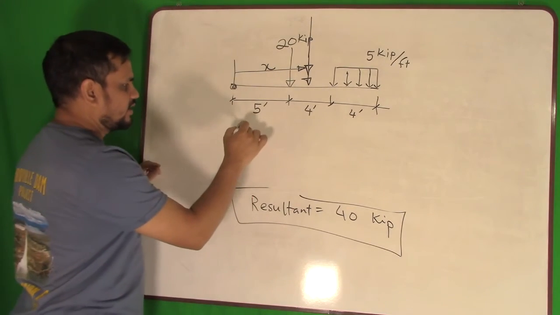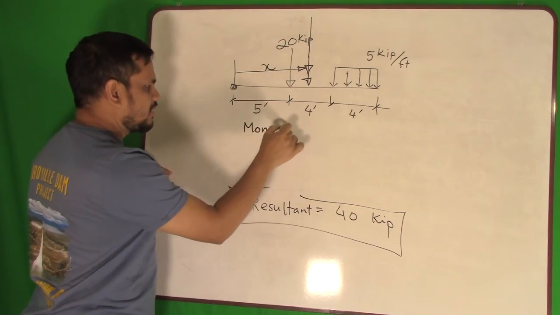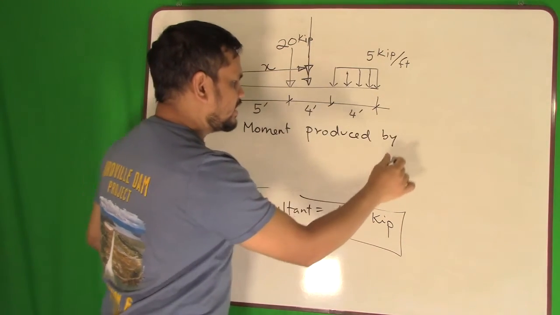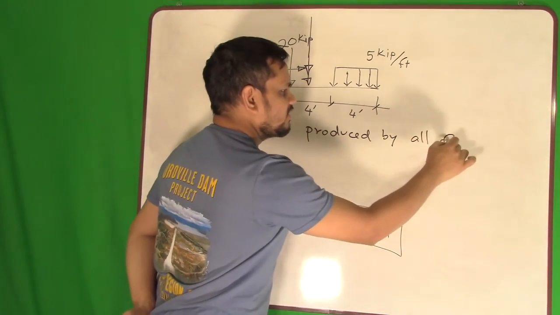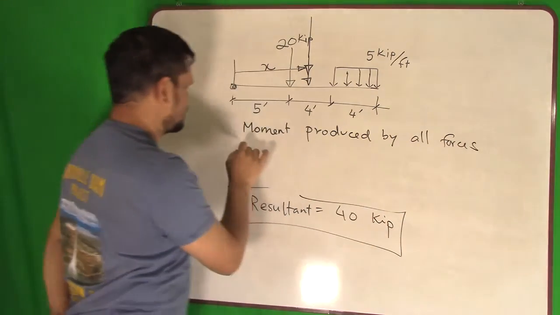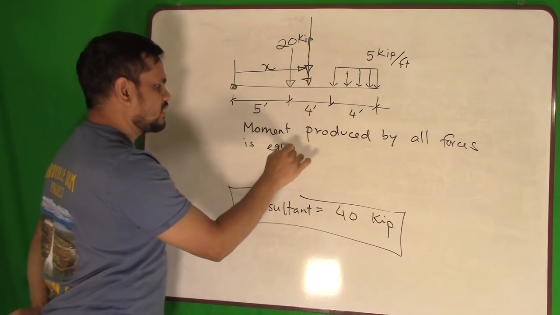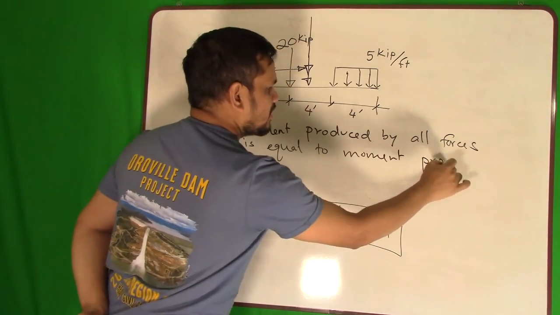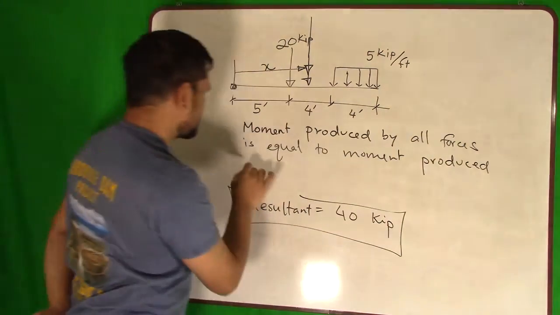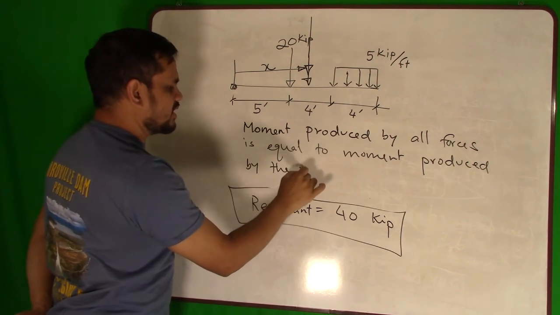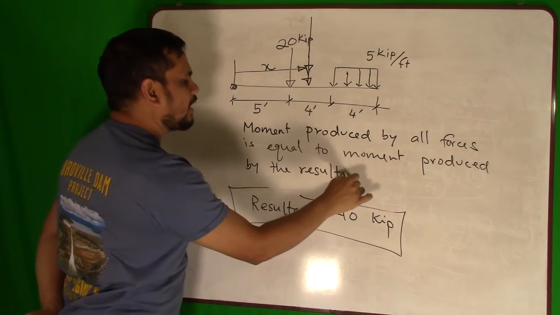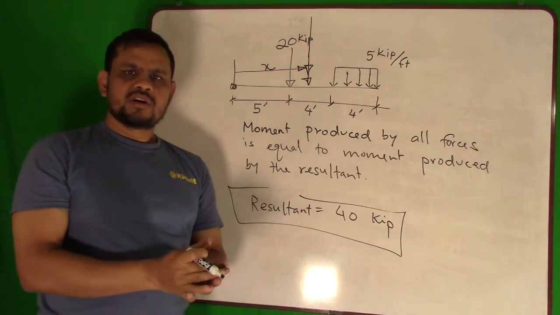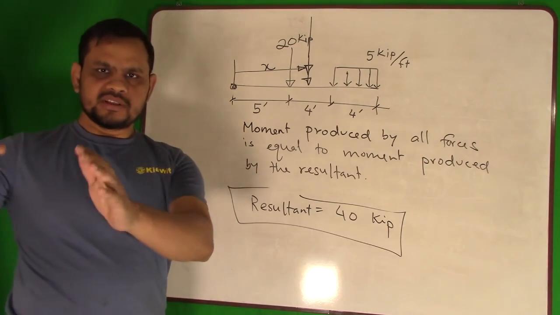So if I write here: moment produced by all forces is equal to moment produced by the resultant. So that is the concept. Moment produced by all the forces will be equal to moment produced by the resultant.